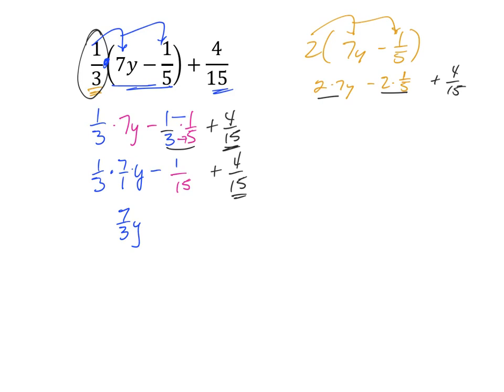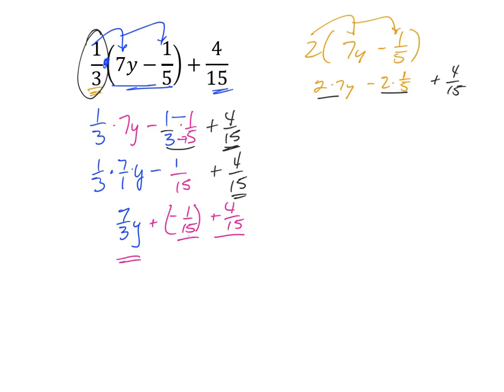And then we're going to write this as addition, so we'll say plus negative 1/15 plus 4/15. The 7/3 y stays like that. And these two are like terms, and they also happen to be already in 15ths, so we don't have to change to a common denominator.